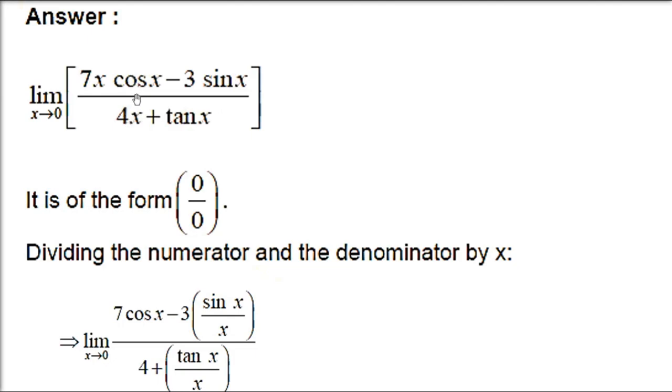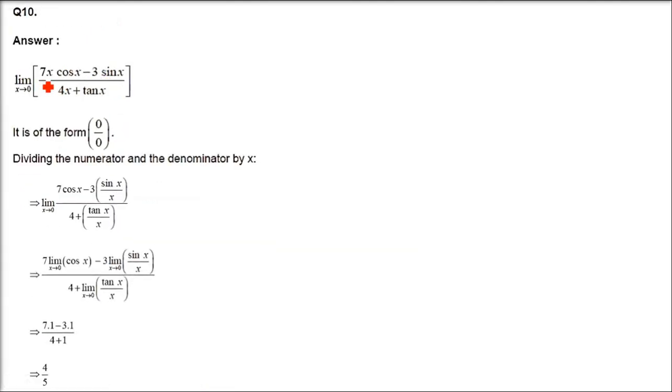We have 7x cos x minus 3 sin x by 4x plus 10x. So first we have x, so let us eliminate this x first. Let us take x common and divide numerator and denominator by x, that you can do. So you have 7 cos x minus 3 sin x by x. I am taking x common here.